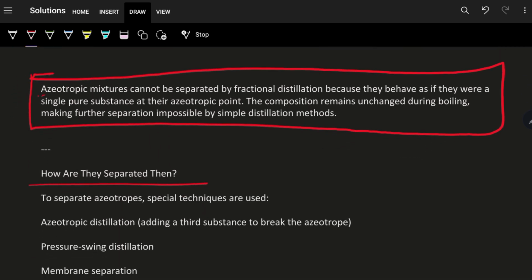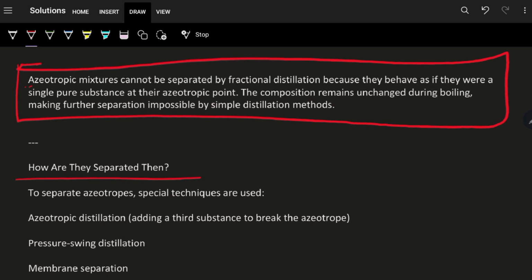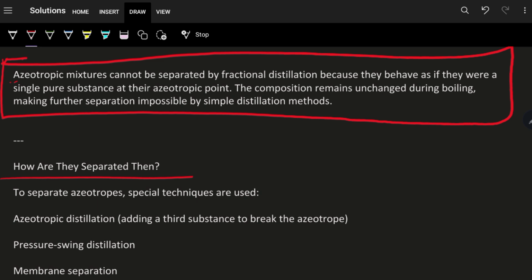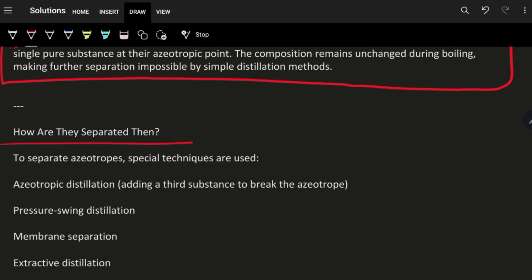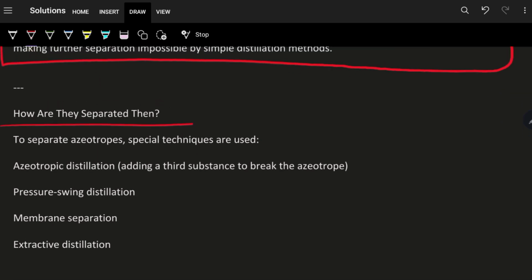Now the question arises, if anyone asks you, how can we separate? If we are unable to separate by fractional distillation, what are the methods, techniques of separation? Though the techniques are not in the NCERT, yet you need to know certain things. There is a method known as azeotropic distillation.